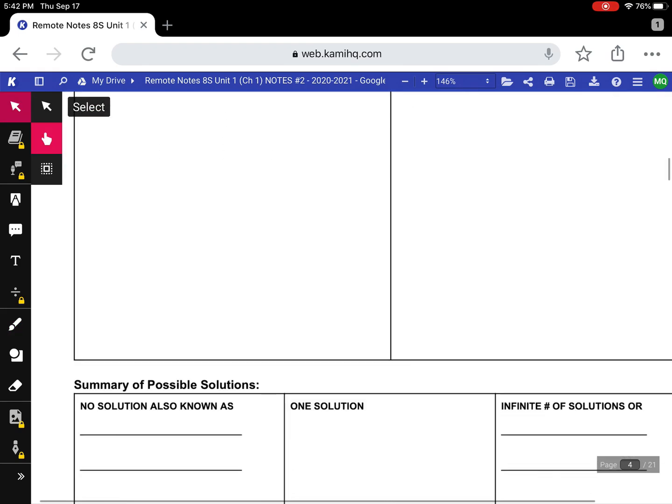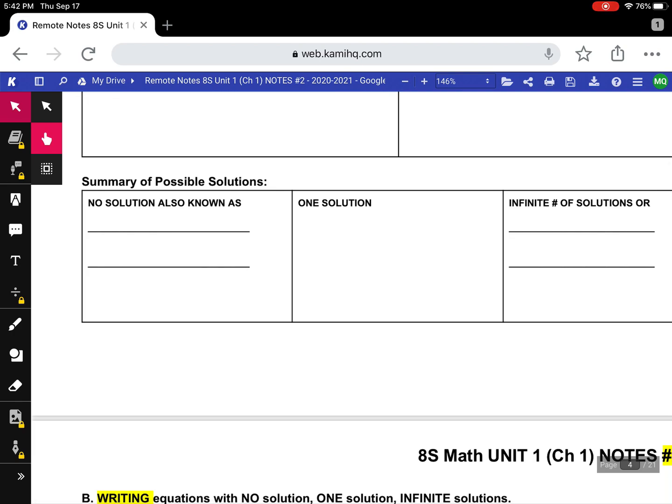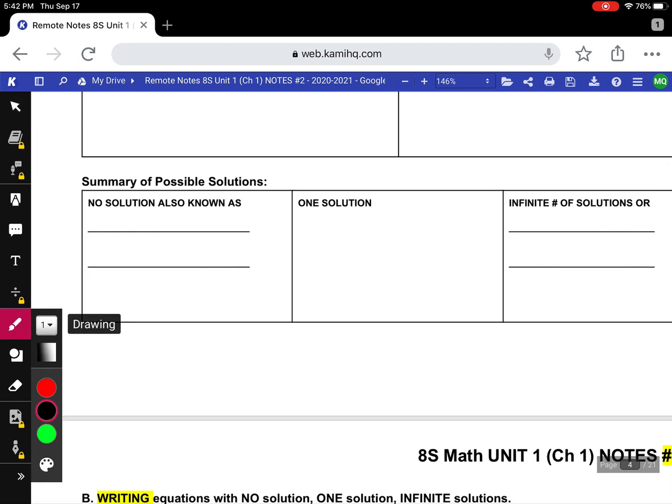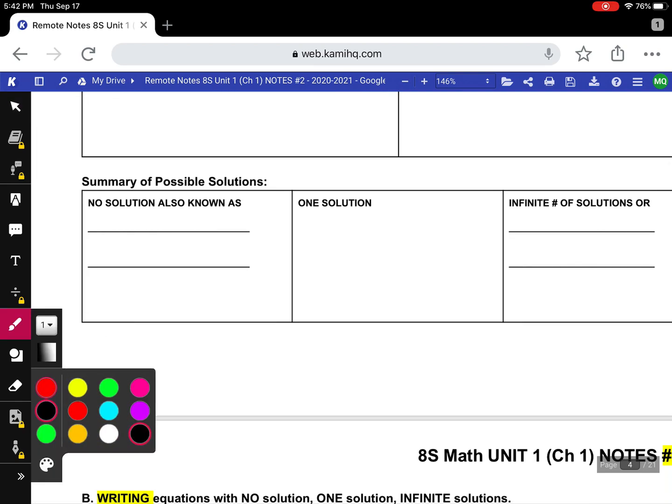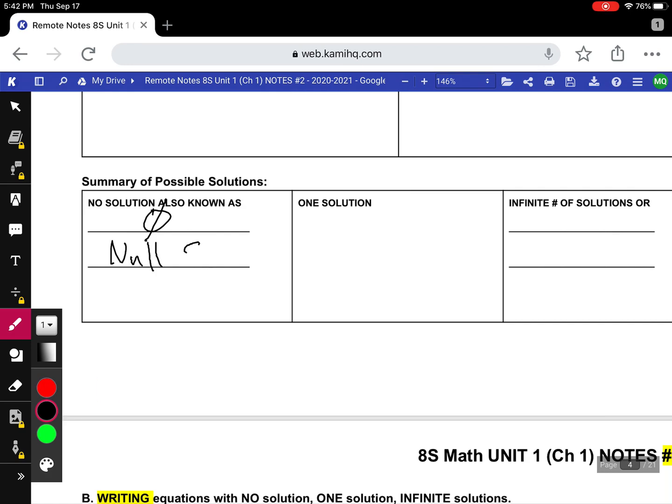Going down to the bottom, just as a little recap for you all, we know that no solution is also known as, we can do our little symbol, a null set. Or we can just say no solutions.